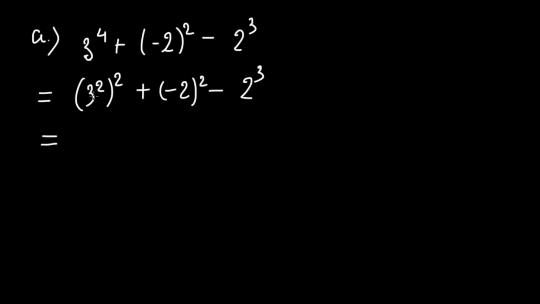We can see 3 squared is 9. Now we have 9 squared plus negative 2 squared is negative 2 times negative 2 is 4.